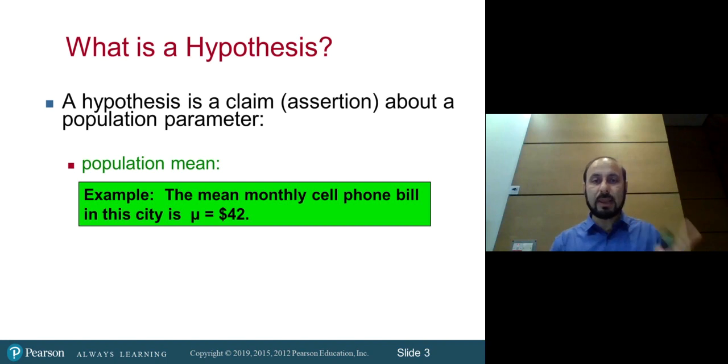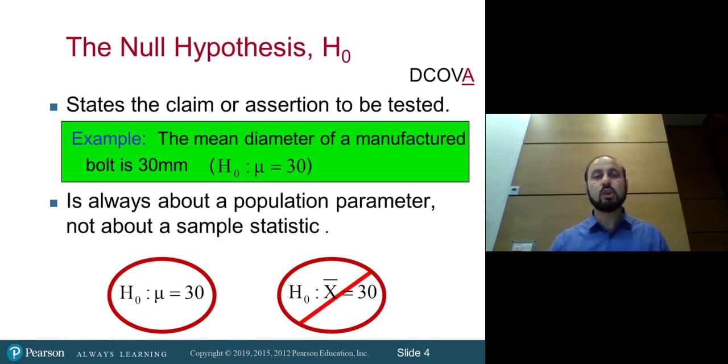This is what you have claimed. So you will be writing a population parameter which is denoted by mu is equal to $42. Now you want to test whether this is true or not true. So that is what you have hypothesized, and you want to test whether what you have claimed is correct or is not correct.